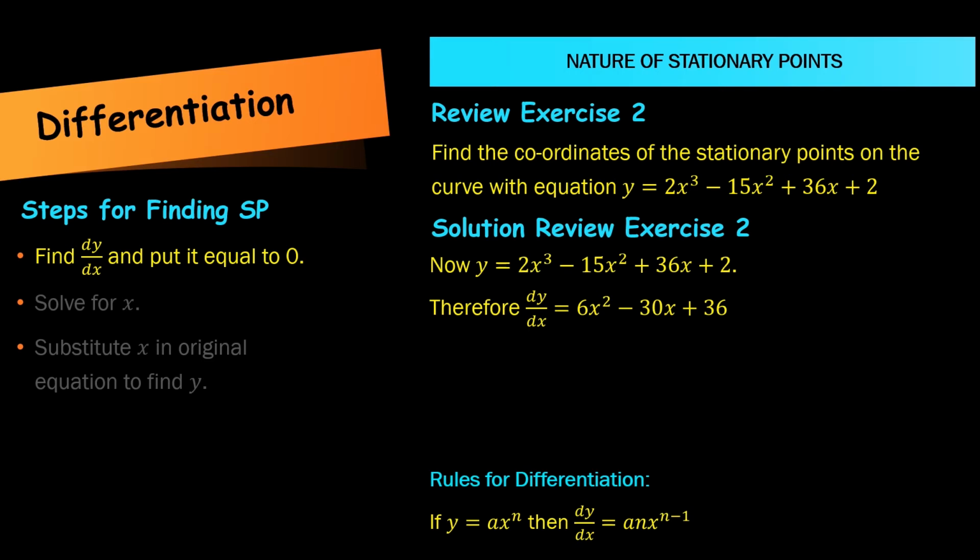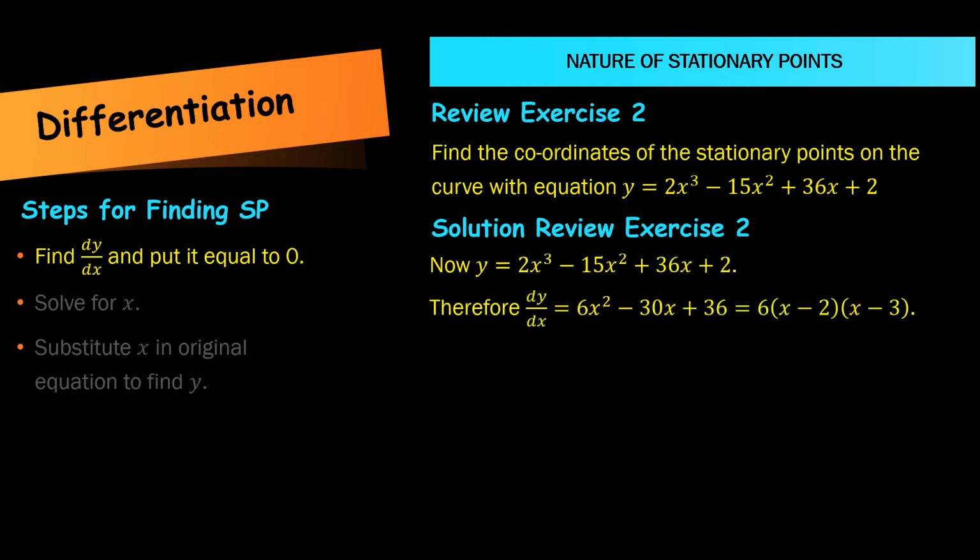So differentiating y gives us dy dx equals 6x squared minus 30x plus 36. And factorising gives us that dy dx equals 6 times x minus 2 times x minus 3. If we put dy dx equal to 0, we have either x equals 2 or x equals 3.